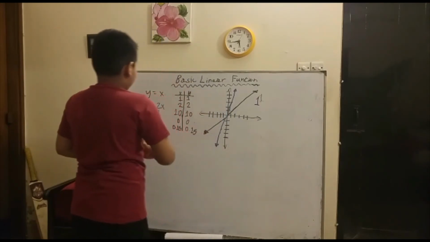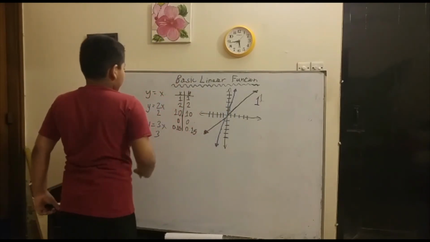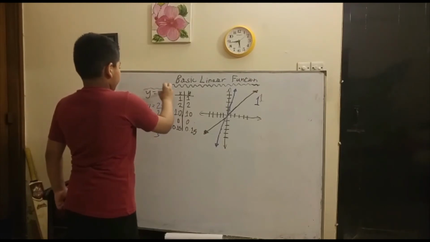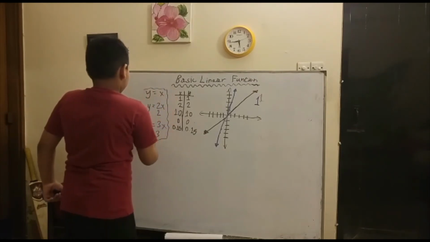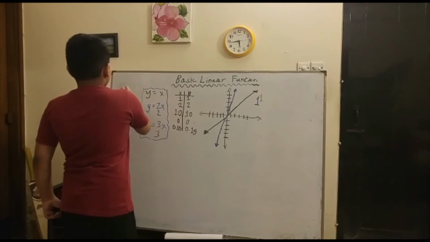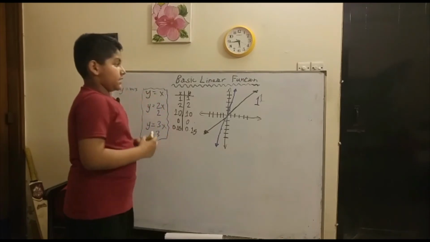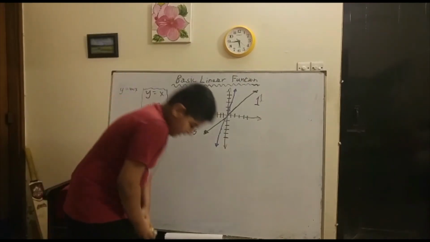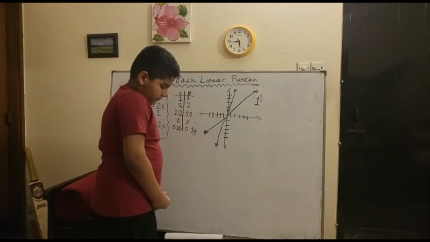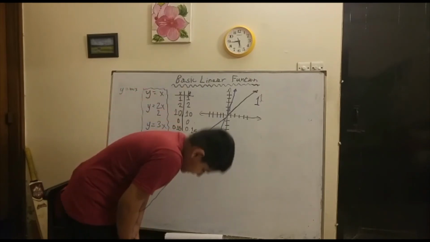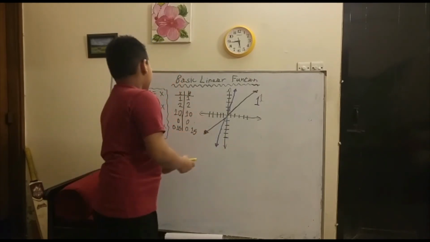These functions have a particular formula. It's called y equals mx. So this is the formula for any slope equation. Now there is a negative direction.